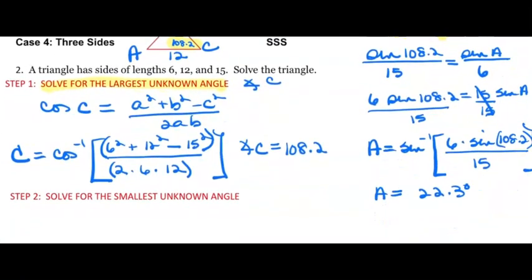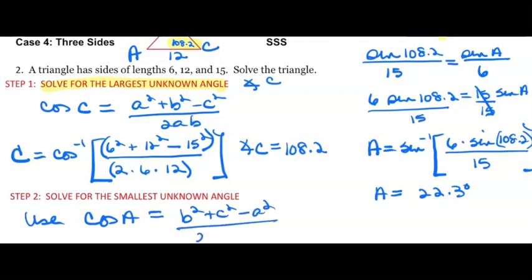I could have used cosine A equals b squared plus c squared minus a squared over 2bc to find angle A. Either way, I would have looked for the smallest angle next.